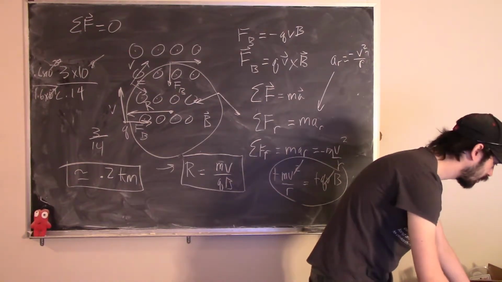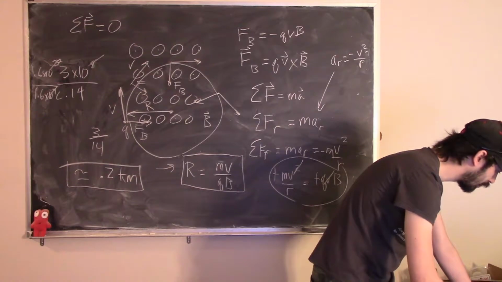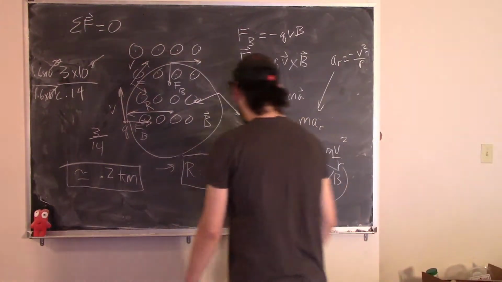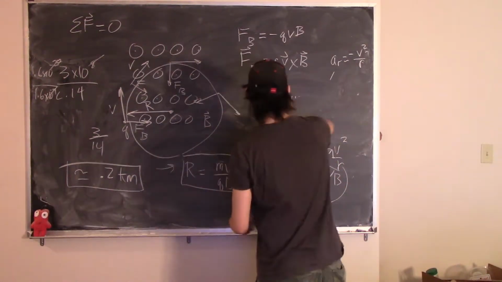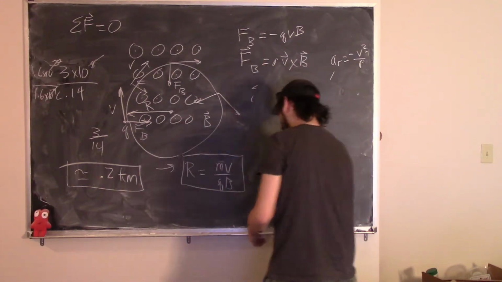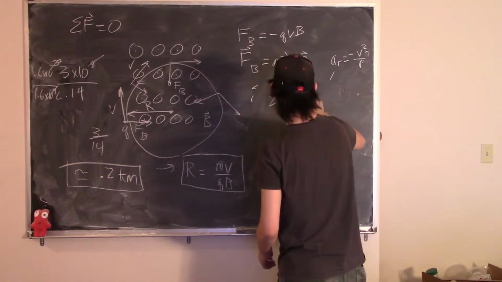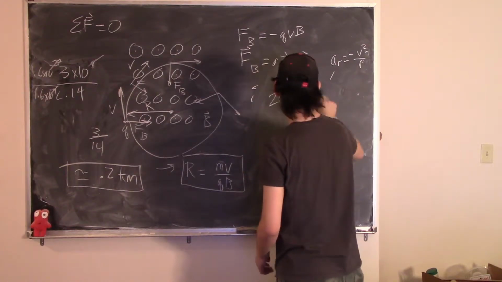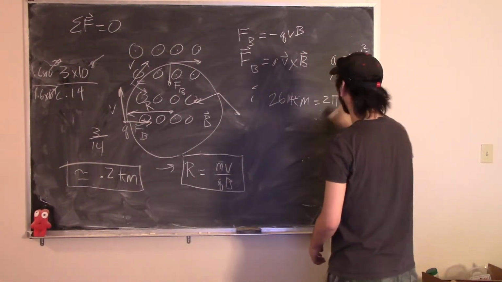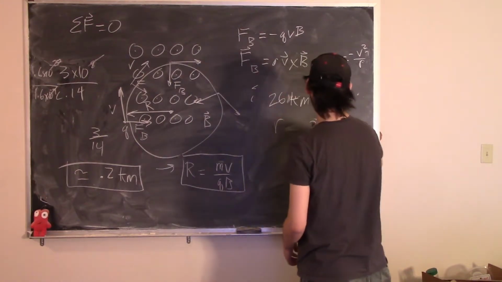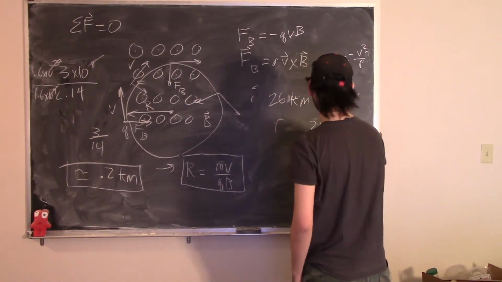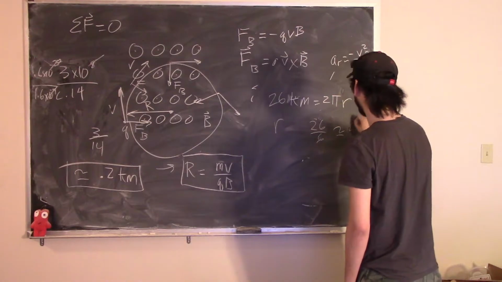Okay, you're not going to give me the radius, but we can find out. It's 26 kilometers. So 26 kilometers is equal to 2 pi r. So the radius is going to be 26 divided by 6, which is about 4.